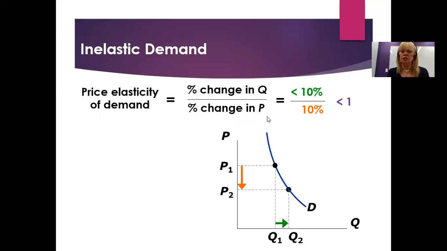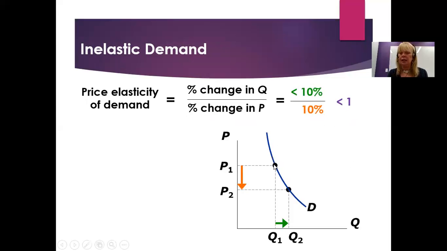The percentage change in price, in this case, might be 10%, but the percentage change in quantity is going to be something less than 10%. So that the change in price is larger than the change in quantity. Price is going up faster than quantity is going down. So that gives you an elasticity less than 1.